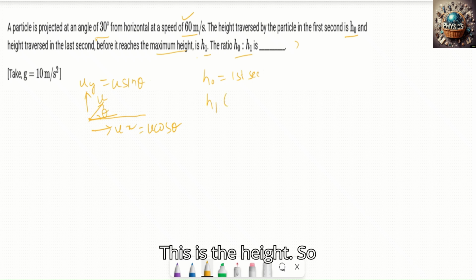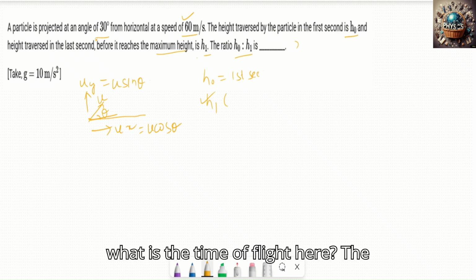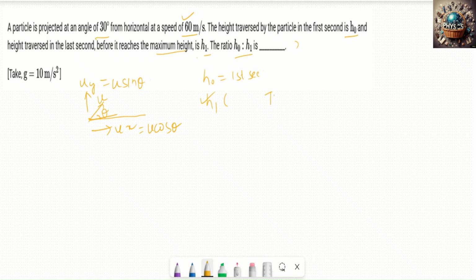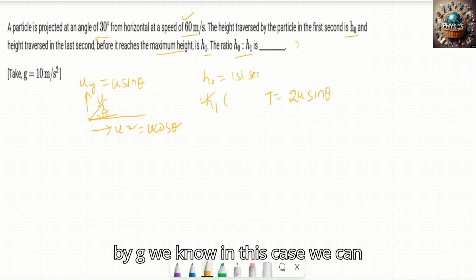So what is the time of flight here? The total time of flight is t equal to 2u sin theta by g, we know.